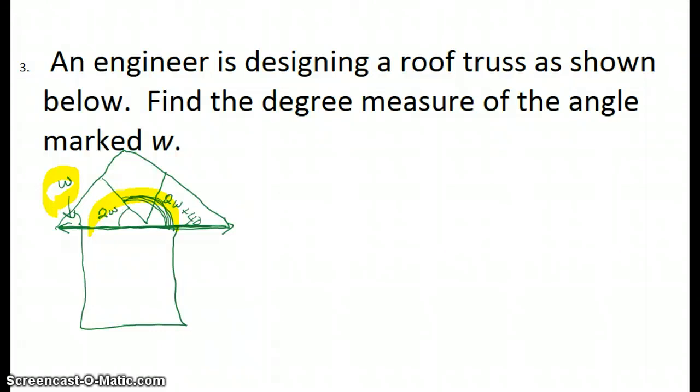So let's look at this as 2W plus 2W plus 40. And that's going to give us 180 degrees. Now, if we solve this for W, we're going to get this W. All the W's here have to be the same number, or I'd talk about them in different terms.